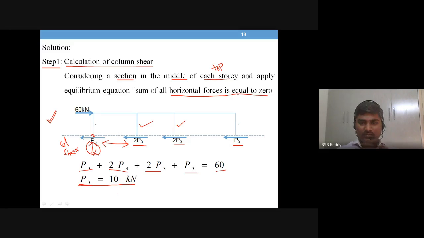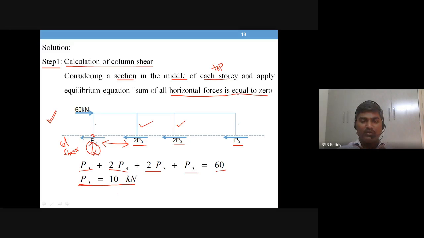So we have taken the frame and then we have taken the top story. In the middle of the top story, you cut the section. So above that section portion, you redraw it. Whatever you see above that section, you draw there. So what you have are the internal forces.